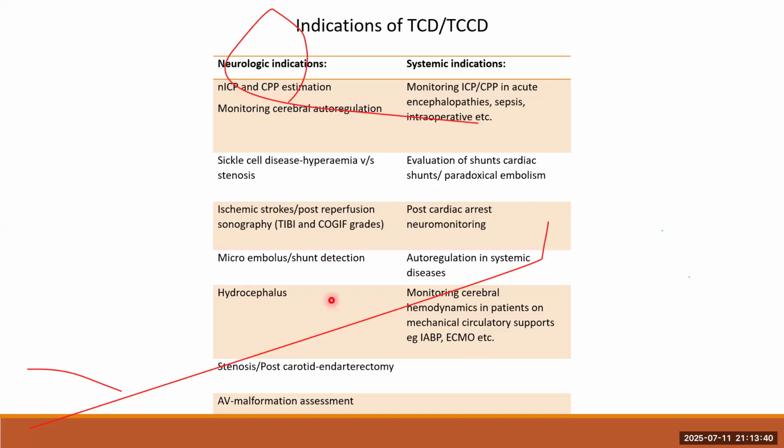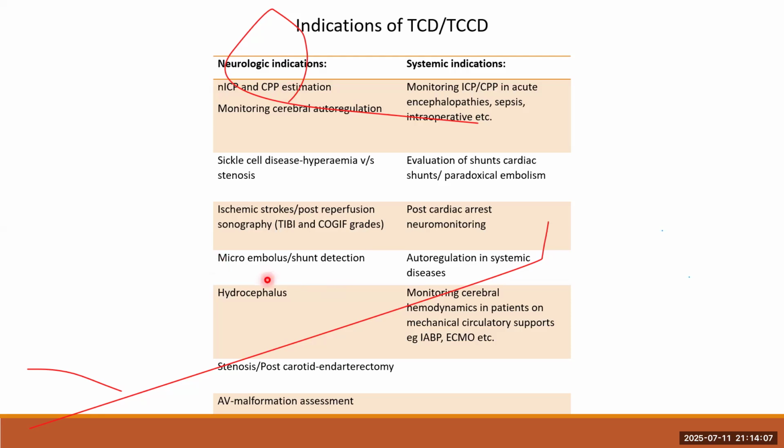Microembolus or shunt detection: if there is a stroke of uncertain etiology, to detect the shunts, the right-to-left shunts, we take the help of TCD and identify what are called high intensity transient signals. Hydrocephalus, possibly deciding on the insertion of EVD, or weaning off from EVD. How do we clamp EVD?